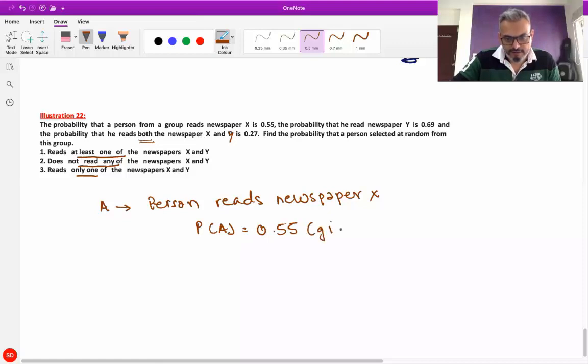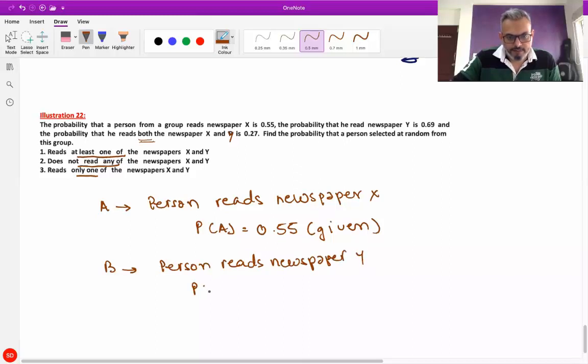This is given in the question. B denotes person reads newspaper Y. Probability of B is also given, 0.69.